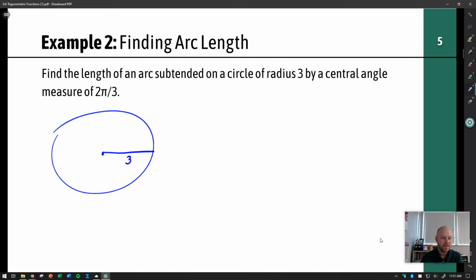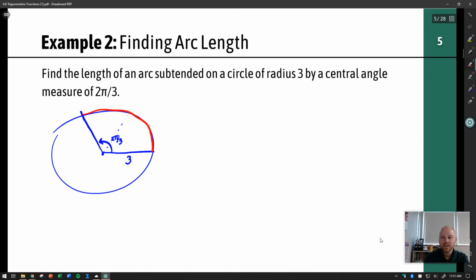So I know, back to my unit circle days, this would be about 1 pi over 3, so about 2 pi over 3 would be in this area. So here is the angle measure, 2 pi over 3, and we are interested in the length of the arc subtended here.